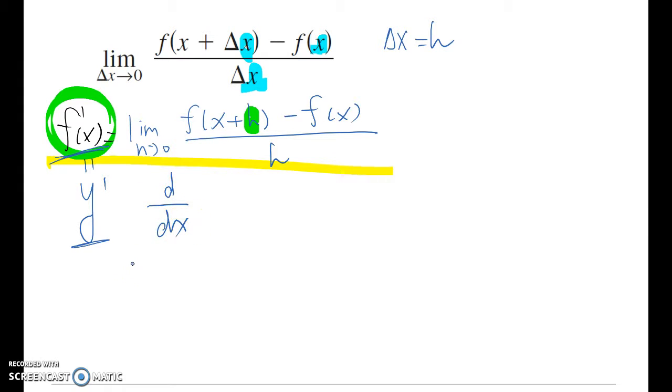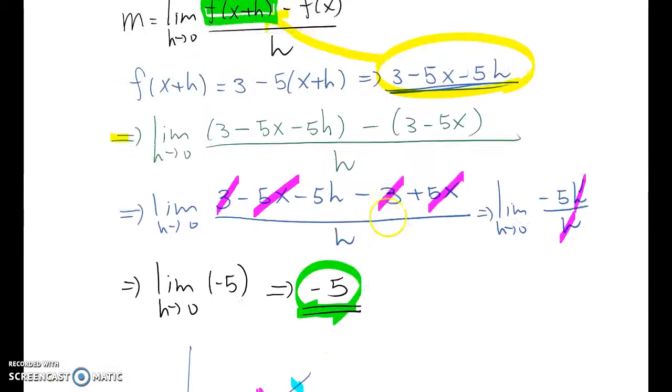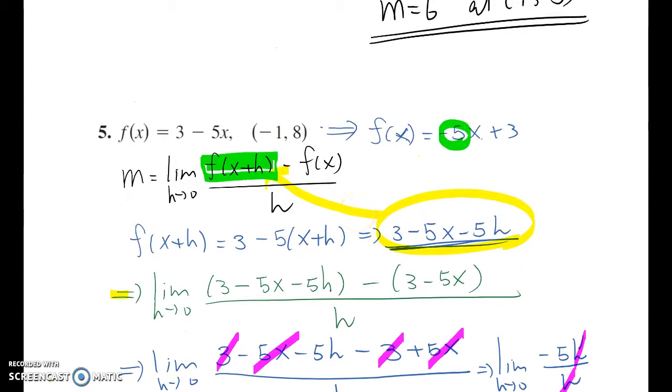But they all have exactly the same meaning. So from now on, please remember, this formula we just call the derivative. It means you want to find the function form so that we can find the slope of the tangent line. Good?